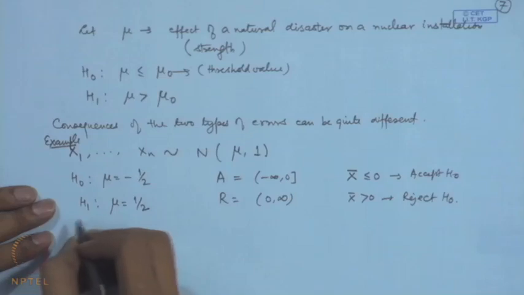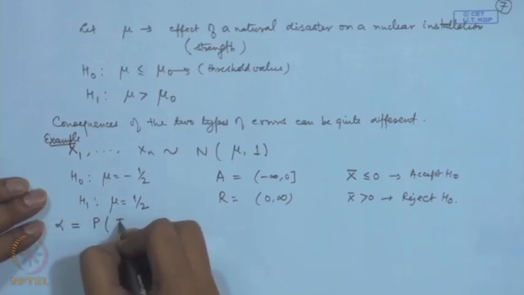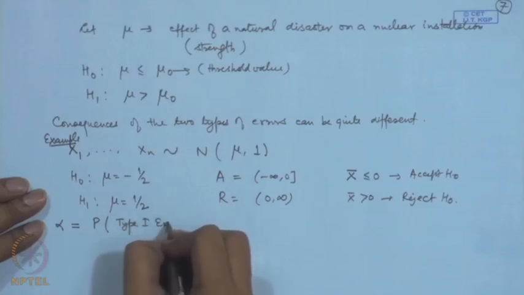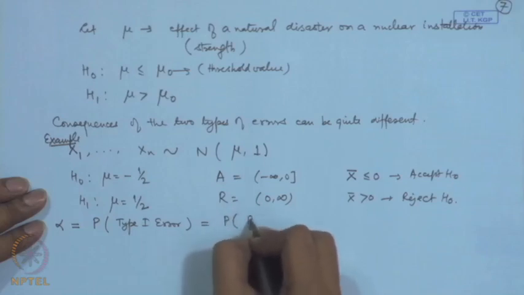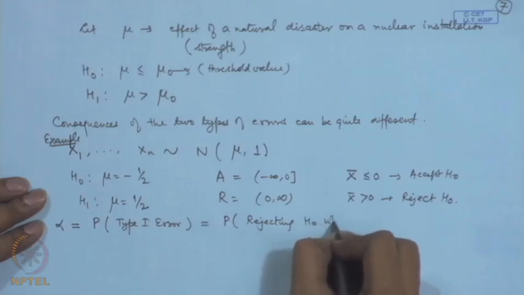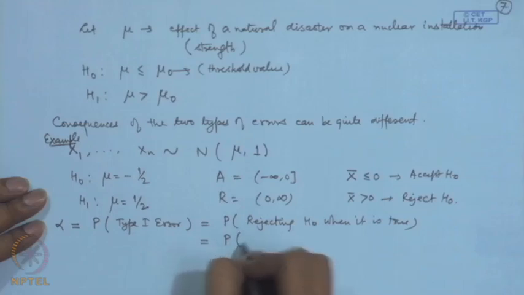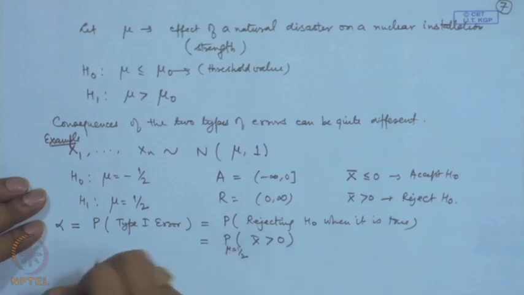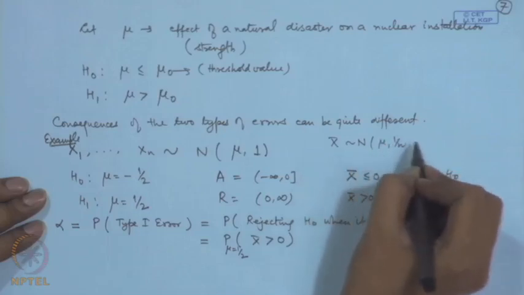Now, let us calculate the probabilities here. Alpha, the probability of type 1 error, is the probability of rejecting H naught when it is true. That is the probability of the region x bar greater than 0, when H naught is true, that is mu equal to minus half. Here the distribution of x bar is normal(mu, 1/n).